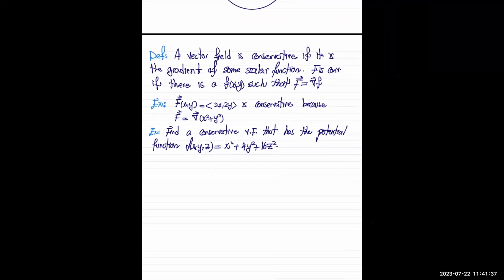So what is the potential function? If you have a vector field that is conservative, meaning that it's a gradient of some scalar function, this scalar function is called the potential function.